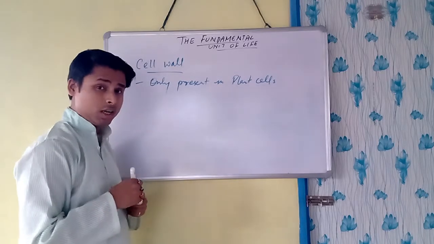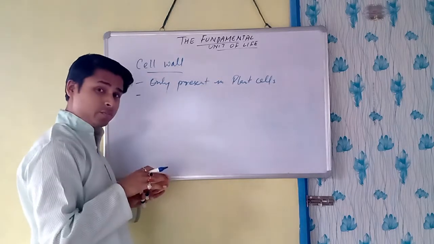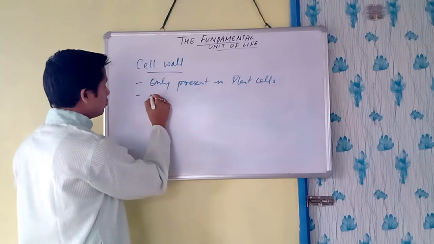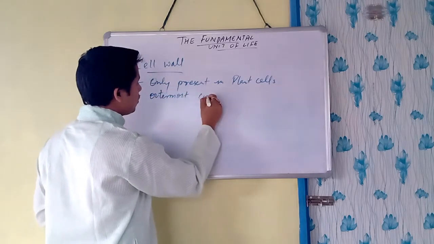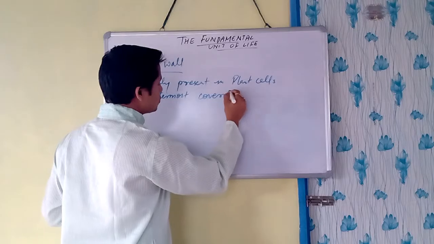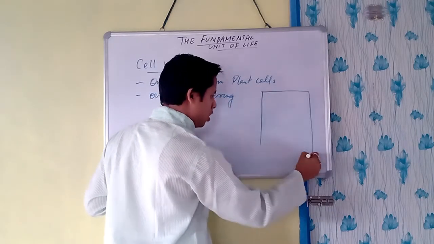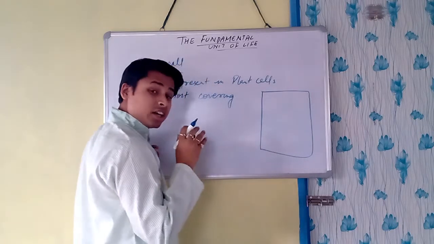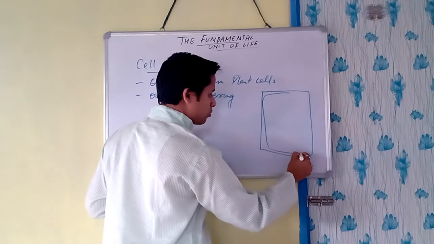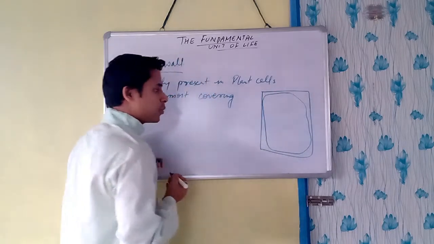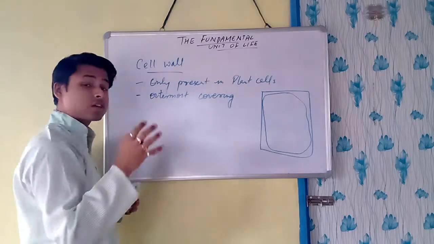In the plant cell, the cell wall is present as the outermost covering. Inside it, the plasma membrane is present. That's why it is the outermost covering.